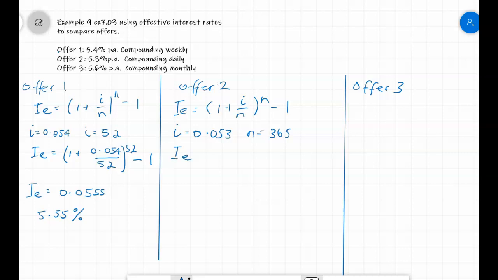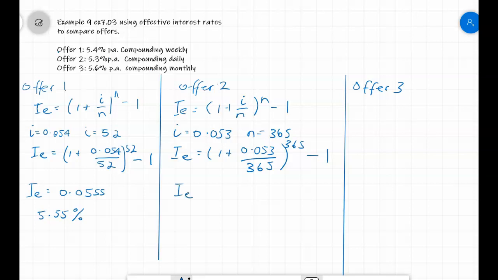So i effective is equal to 1 plus 0.053, the interest rate as a decimal, divided by the number of times it's compounding in the year, 365. Take it to the power of 365 and subtract 1 at the end, after you've taken it to the power.